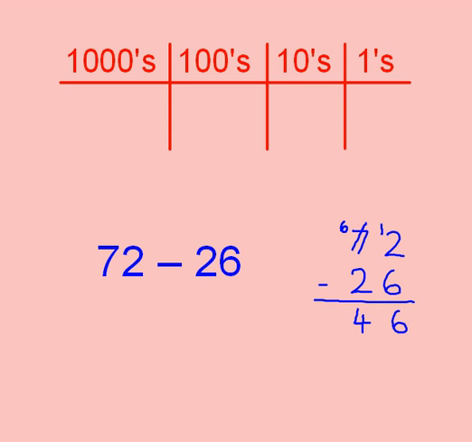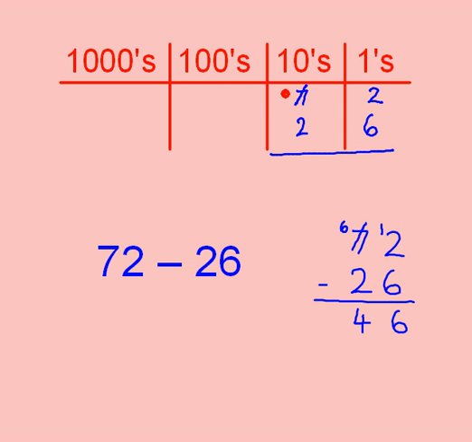Let's look now at how this actually works. The number 72 is 7 tens and 2 units, and the number 26 is 2 tens and 6 units. Now 2 units take away 6 units gives me a problem. So what I'm going to do is go into the tens column here, and I'm going to take 1 ten from this.